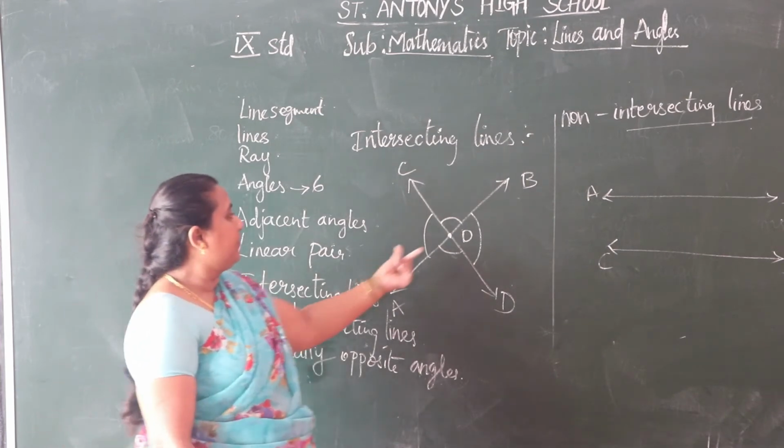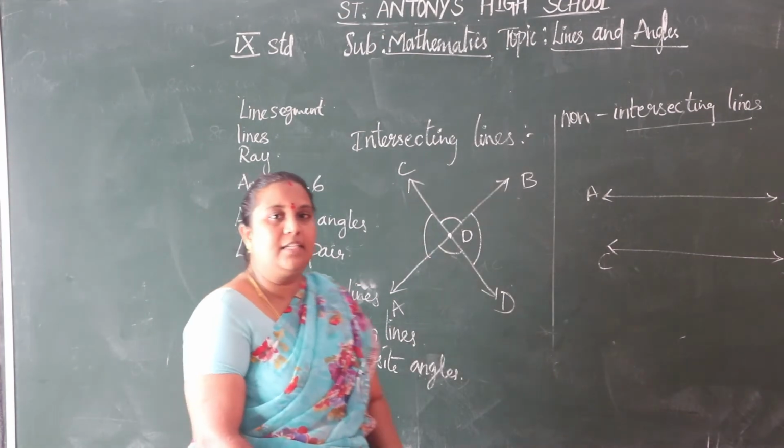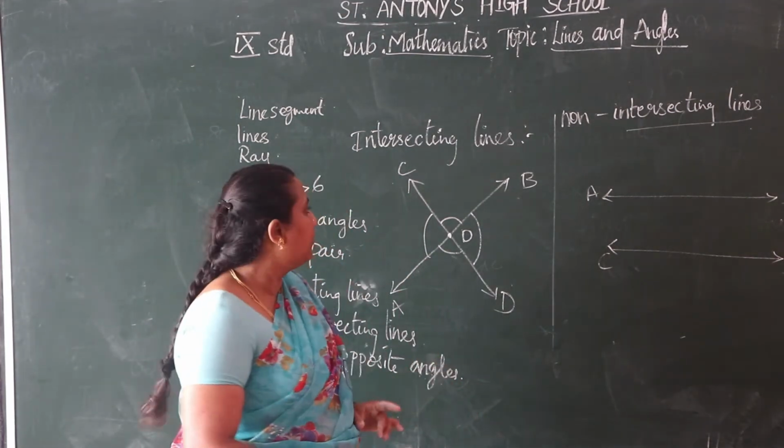Why are vertically opposite angles equal? Let us prove that by the theorem now.